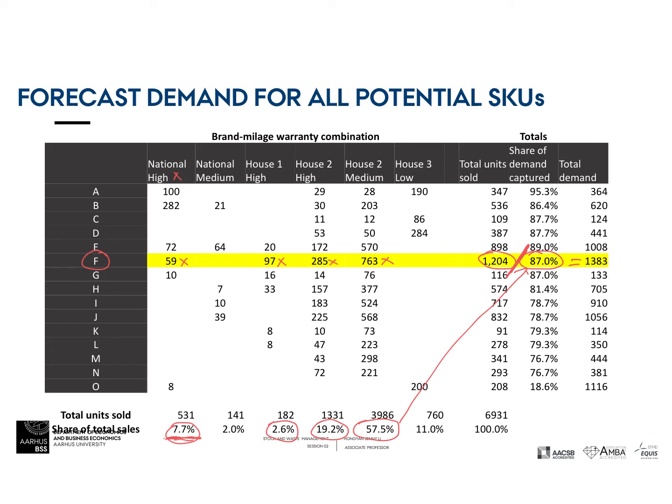That means there should be something missing. If you carry other SKUs, you can probably sell more. On the other hand, if we further look into this data, we also find some problems.